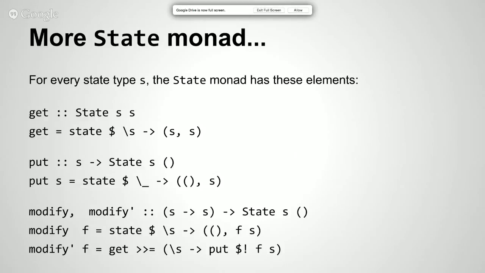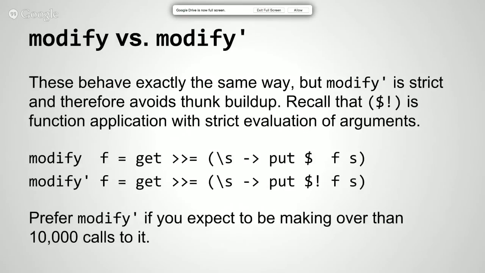And then we have modify, which takes an f. Like put, it returns a unit, but it applies that function f to the existing state, so the new state is f of s. And finally, we have modify prime, which is a strict version, so it avoids thunk buildup, because if you recall, $bang is the function application that is strict in the argument.